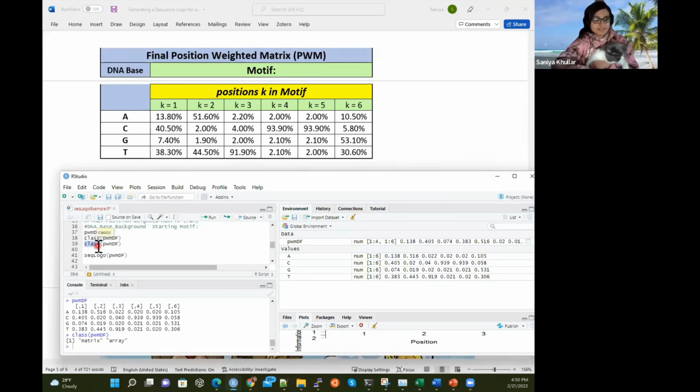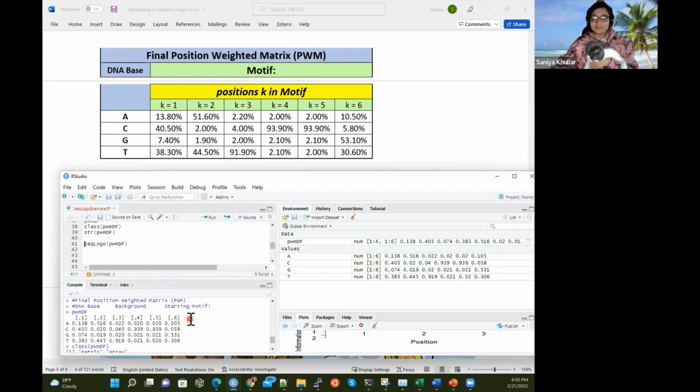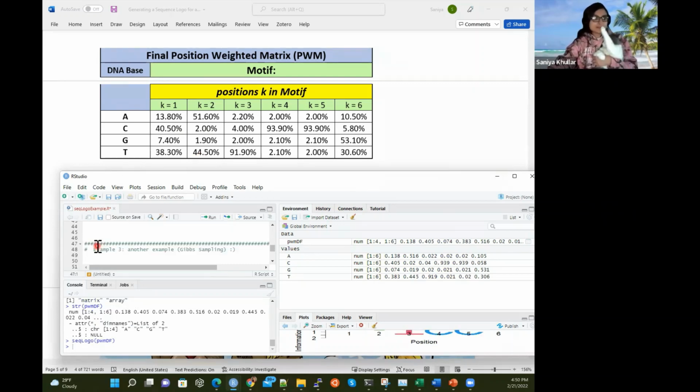In Python, str stands for string, so you always have to keep the languages straight. This is dimnames, list of 2, character, ACGT, and null for the others, because I don't have any column names here. This 1 corresponds to K is 1, 2 is K is 2, 51.6, 2%, 1.9%, 44.5%. So now we could do the seqLogo on this.